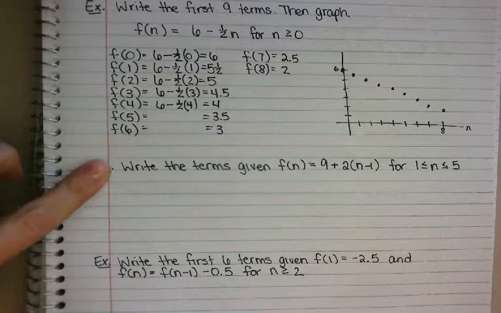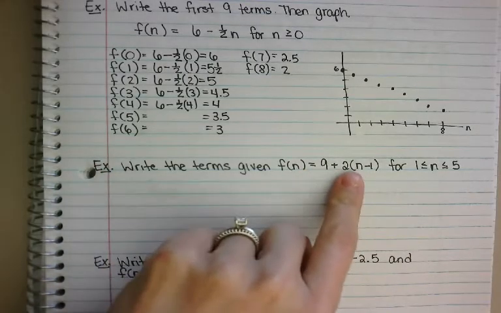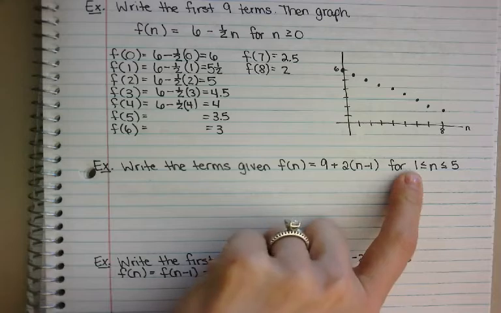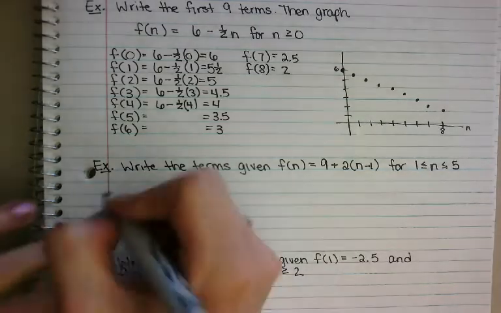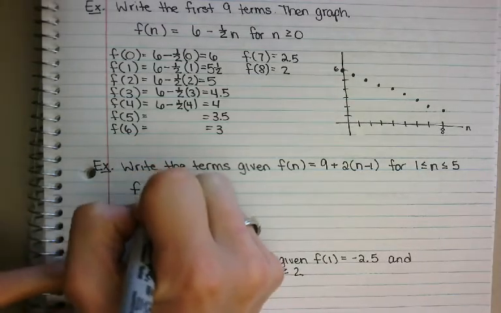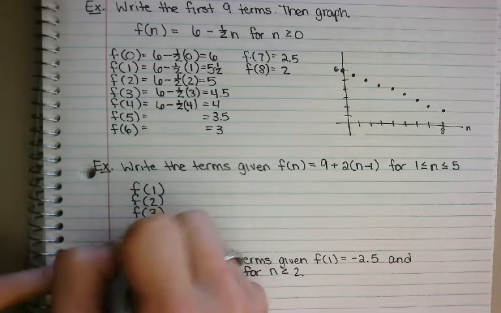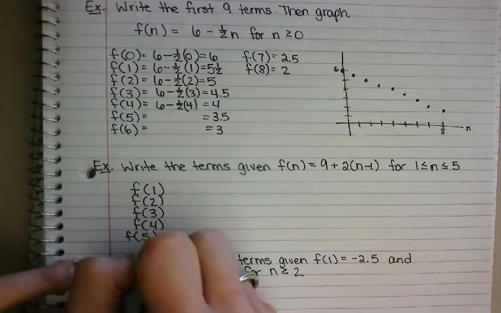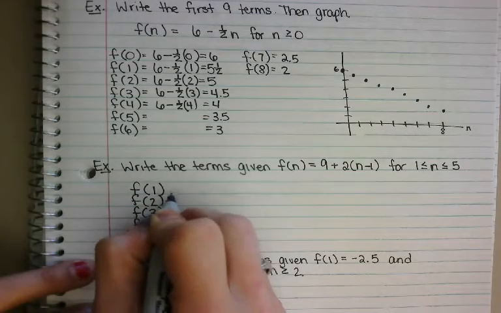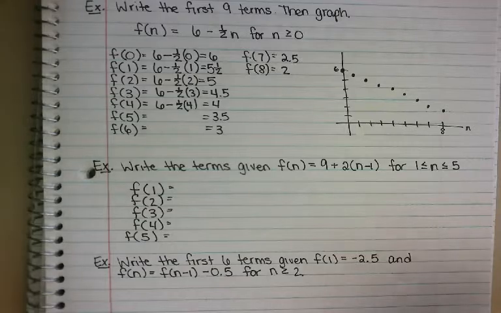All right, so this one says write the terms given. Here's your rule. So this is given to me as an arithmetic. And they're telling us for n's that are between the 1 and the 5. All right, so they want us to plug in a 1, 2, 3, 4, and 5. So you can do this a couple different ways.